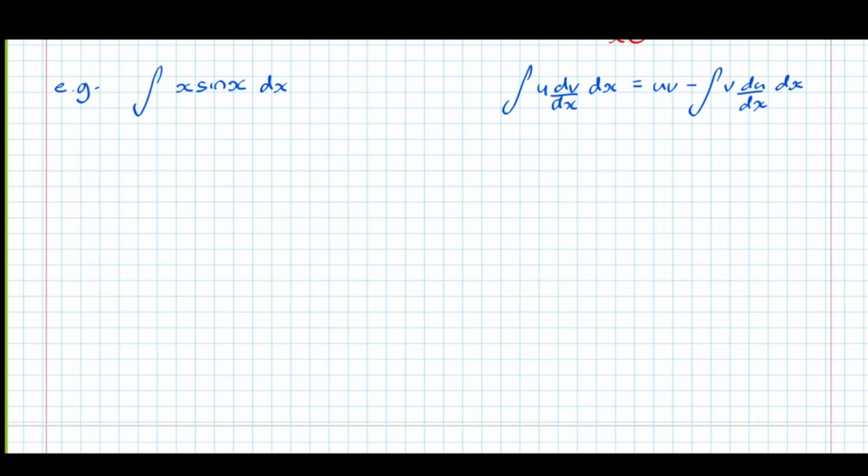So take a moment, let u equal the first thing, let dv by dx equal the second thing. I almost said a terrible thing there, because the most common error is to let u equal x and let v equal sin x, but that's not the right thing to do at all. It's to let u equal x and let dv by dx equal the second thing. So take a moment, do that yourself. See what happens.